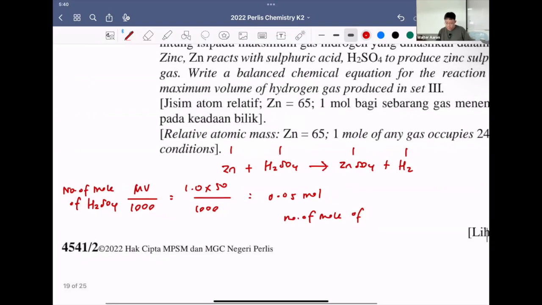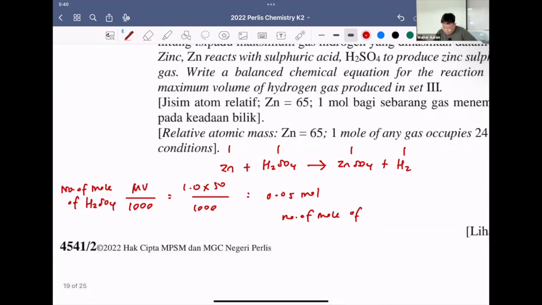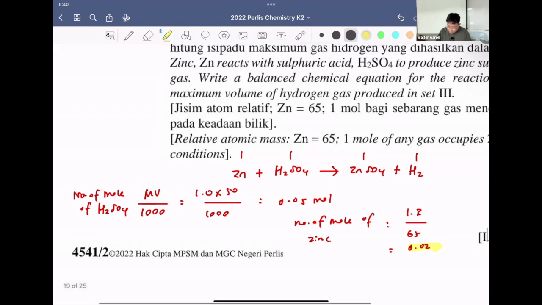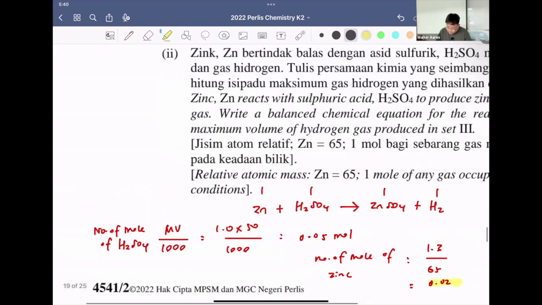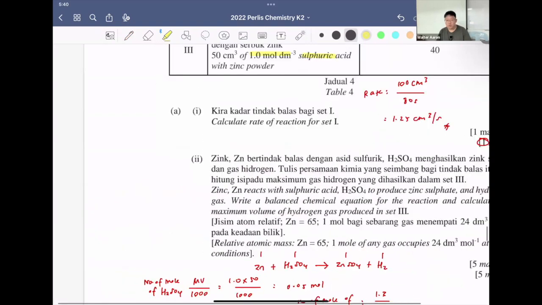The number of moles of zinc, which in this case, you already have 1.3 grams divided by 65. You'll get 0.02. So this number and that number do not match each other.